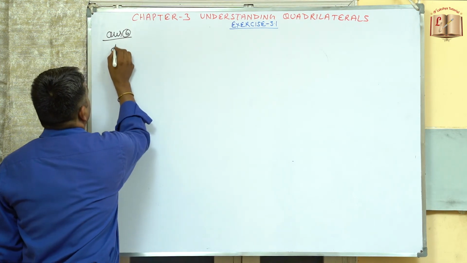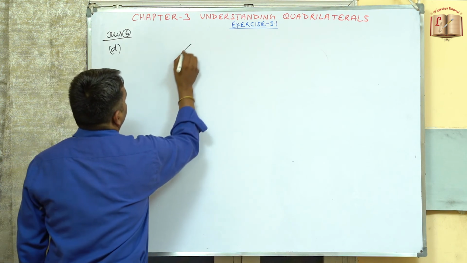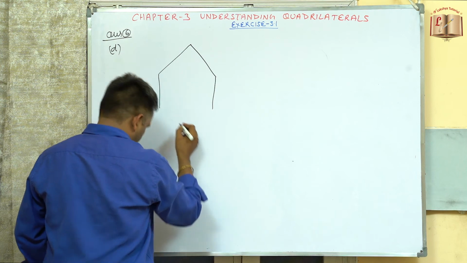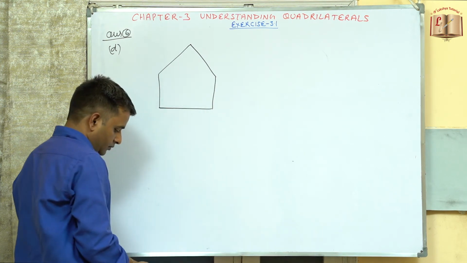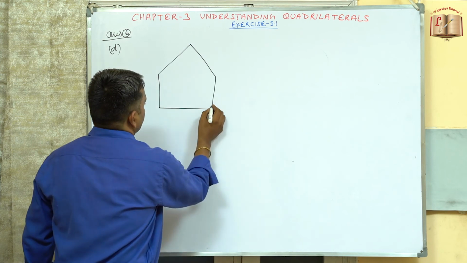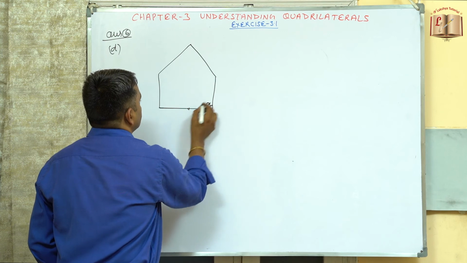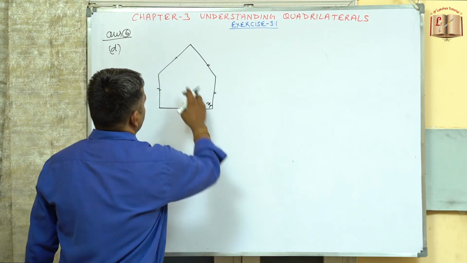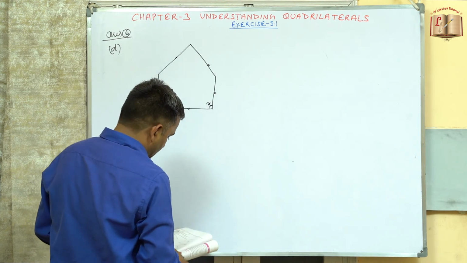So now coming to the D part of this, we are given a hexagon. So this is x. Now these all sides are equal. So this is again 1, 2, 3, 4 and 5 sides.